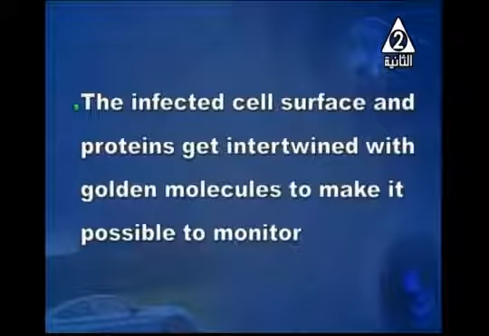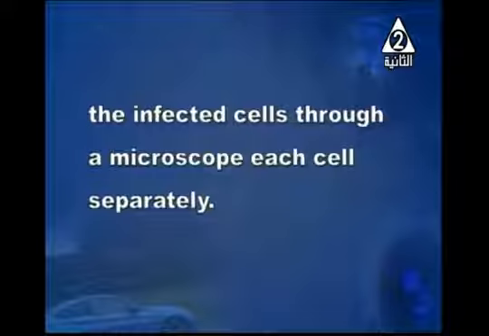By injecting them into the patient, the infected cell surface and the proteins get intertwined with the golden molecules to make it possible to monitor the infected cells through a microscope, each cell separately.